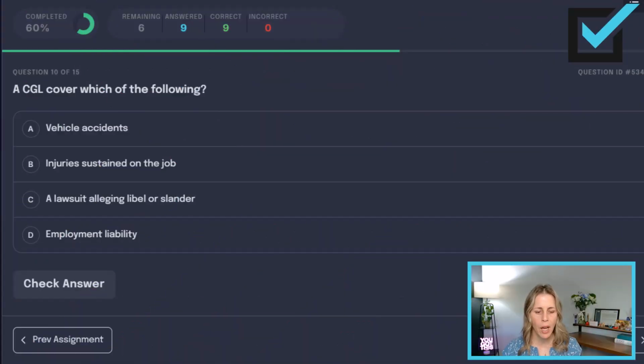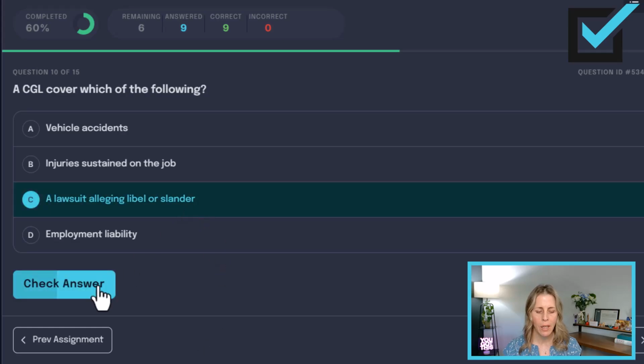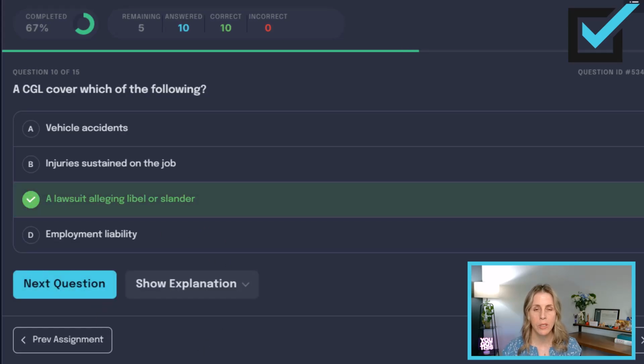A CGL covers which of the following? Vehicle accidents, injuries sustained on the job, a lawsuit alleging libel or slander, employment liability. The only one of those four that would be covered by a CGL, a lawsuit alleging libel or slander, would be covered under coverage B, personal injury and advertising injury.